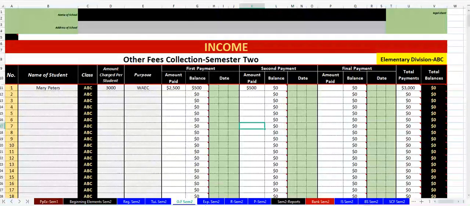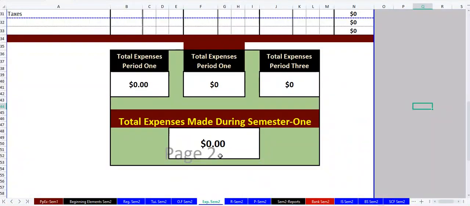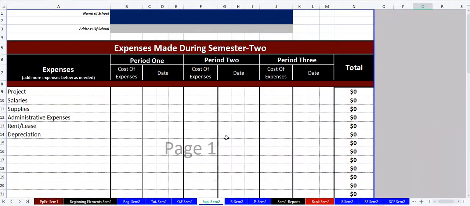So now during this period there were some expenses made. Now the school tried to spend some money on the project. So they paid something like 6,000 on the project in the first period.